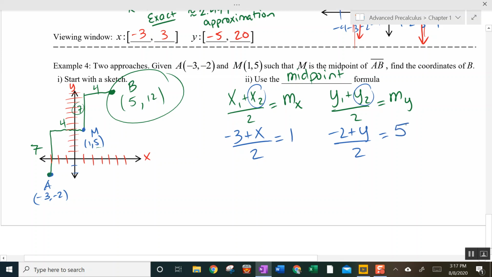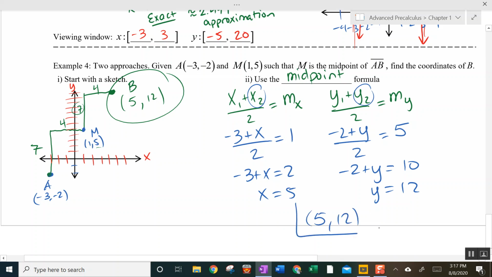Now, we've got two simultaneous equations. We can solve them independently. Let's see if we can do that. Multiply both sides by 2 and add 3. And multiply both sides by 2 and add 2. Our point B winds up being (5, 12), which confirms what we got over there.